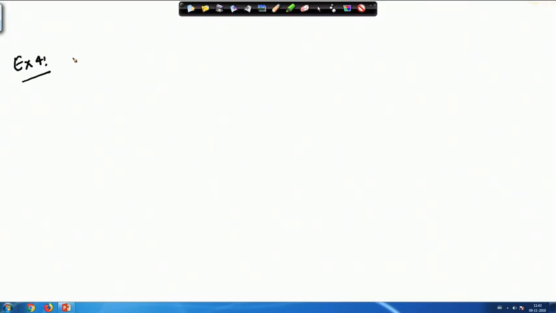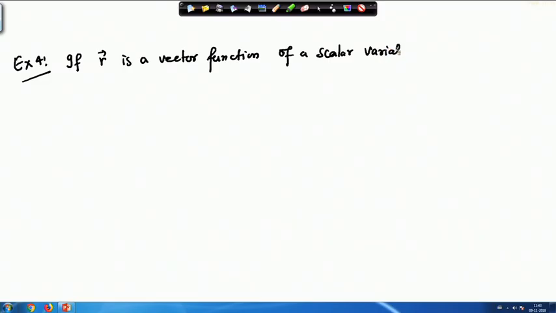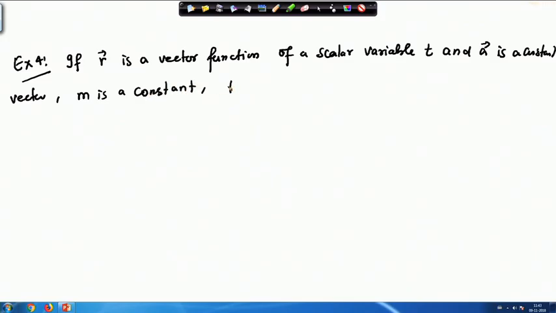So if R is a vector function of a scalar variable t, and A is a constant vector, M is a constant, then differentiate the following.